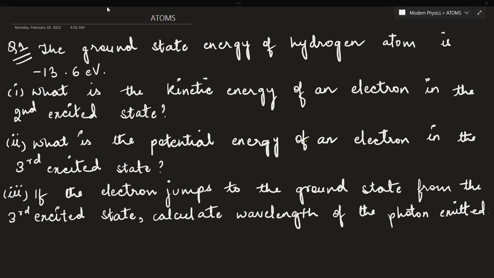Anyone else apart from Hamza? Hamza has answered. Yes, Zen. Second excited state. Sara is correct. Akifa is right. E1 means, Zen, first orbit.